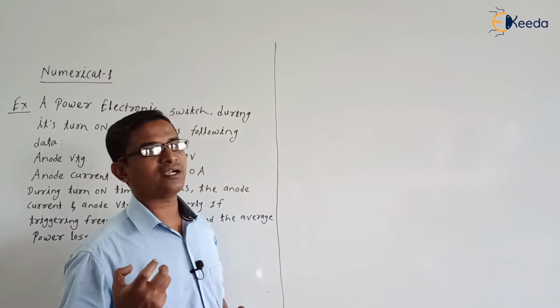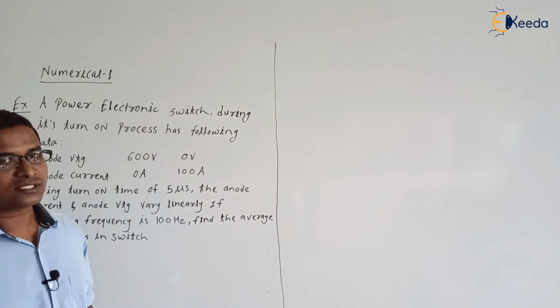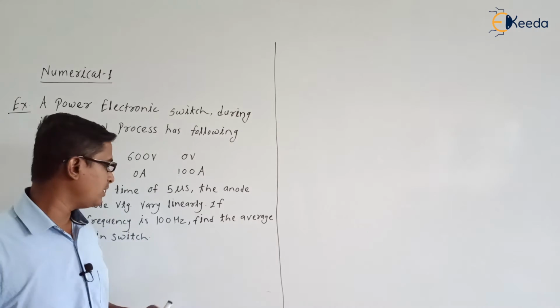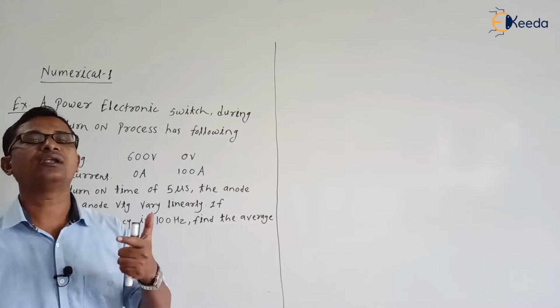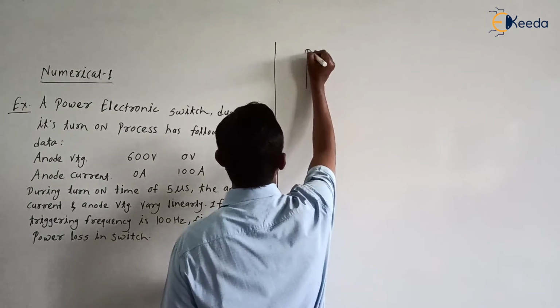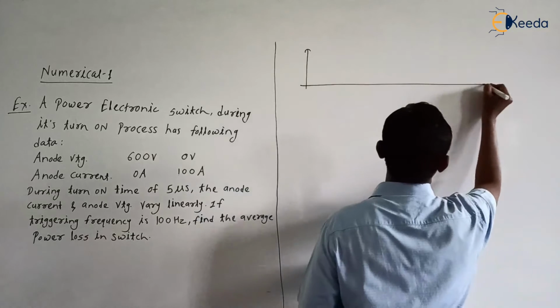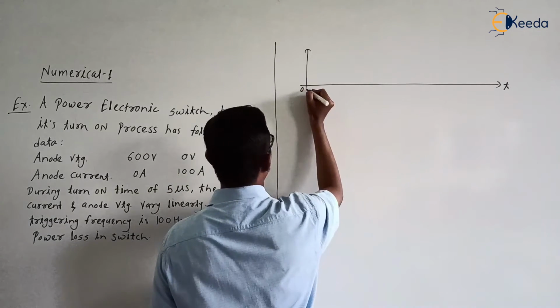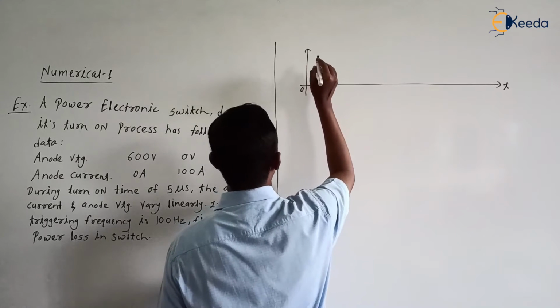Triggering frequency is 100 hertz, the meaning is in 1 second this switch is turned on 100 times. Okay, so if you check, we are having the plot like this. This is the time t 0, right? Suppose the VA and IA.